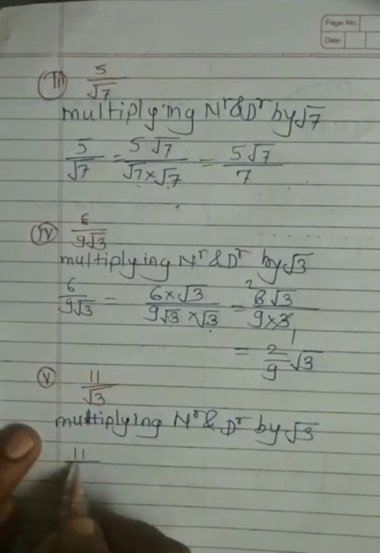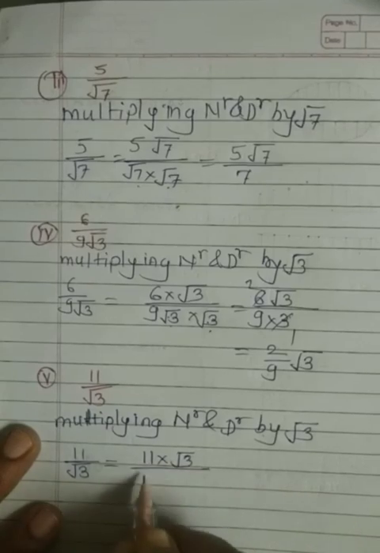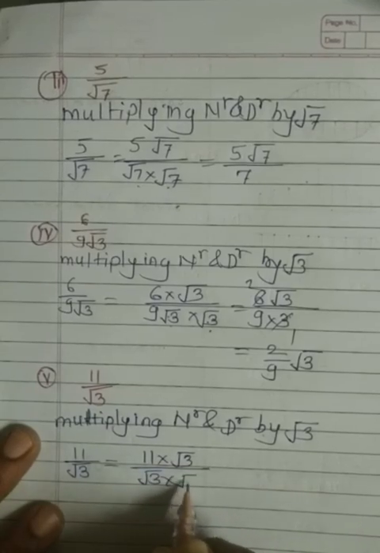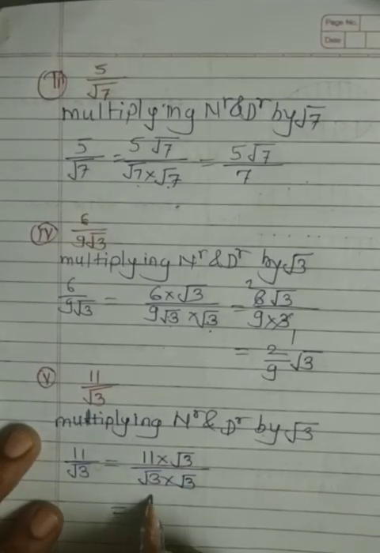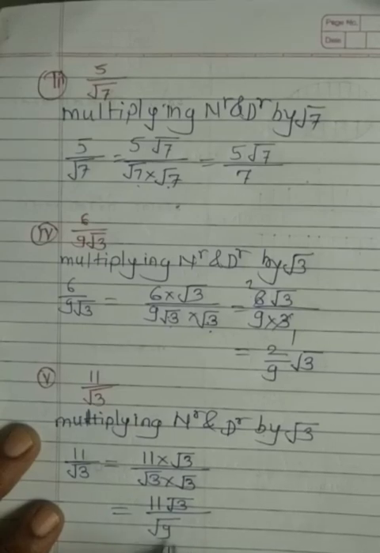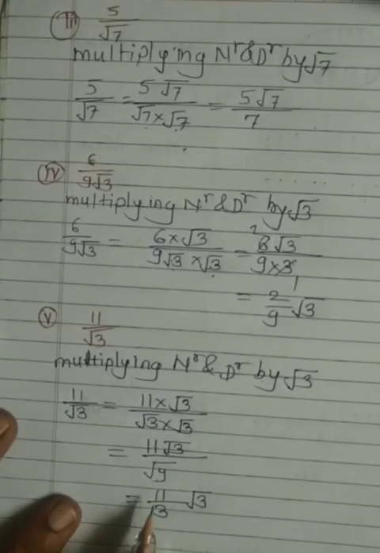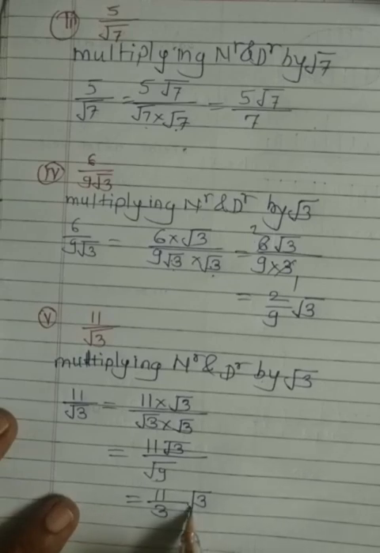This is the original number; we multiply numerator by root 3 and denominator also by root 3. In the numerator we obtain 11 root 3. Root 3 into root 3 means root 9, and the square root of 9 is 3. In this way we obtain the answer 11 upon 3 into root 3.